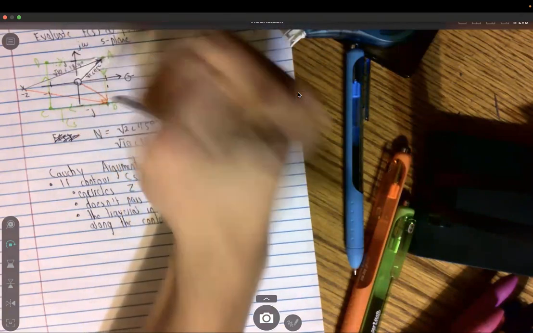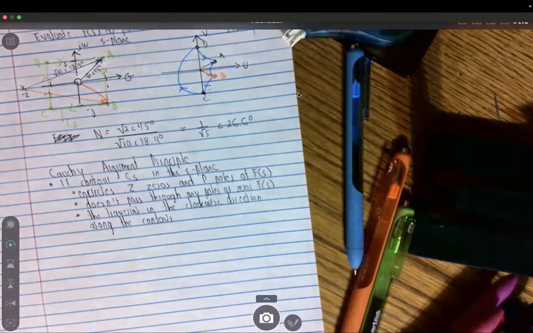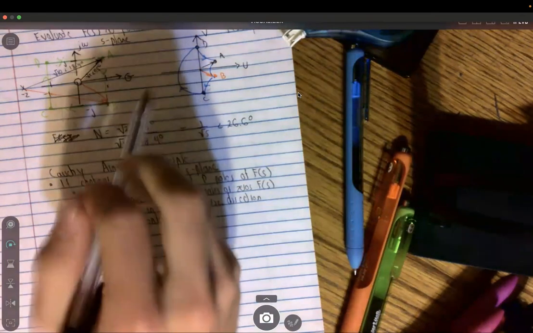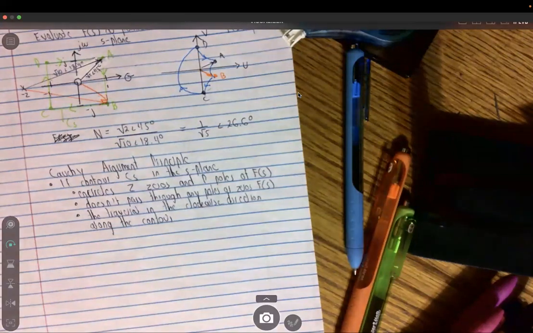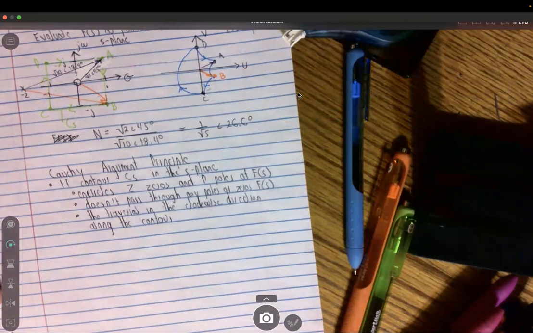Then the contour in the f of S plane, which we have here outlined in blue, is going to encircle the origin of the f of S plane n times in the clockwise direction. They call this contour C of F.